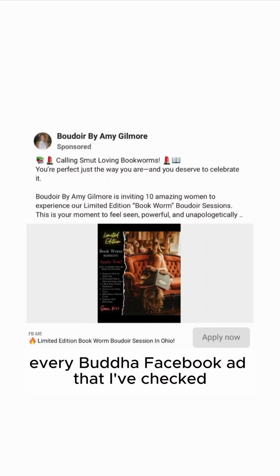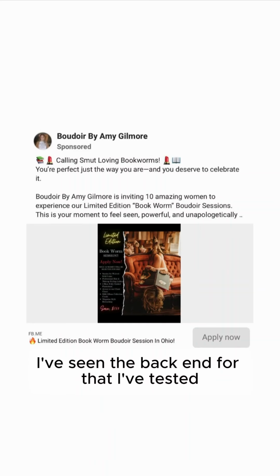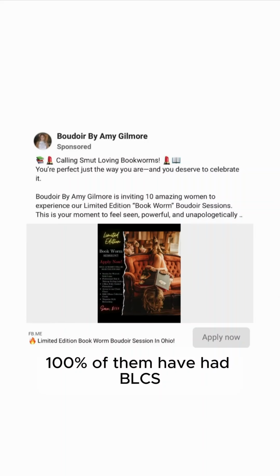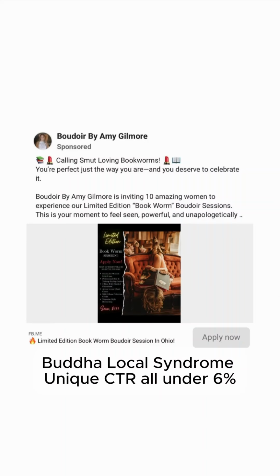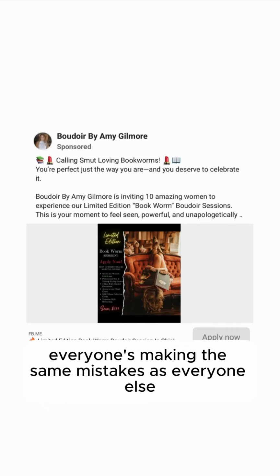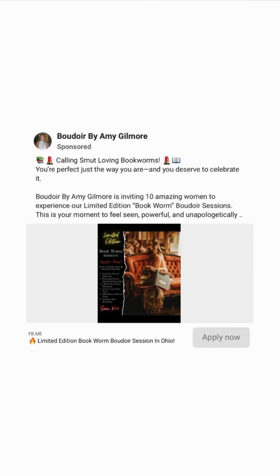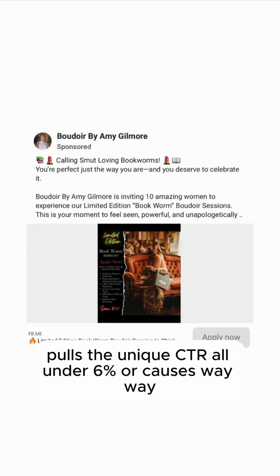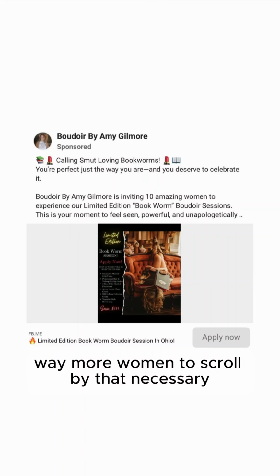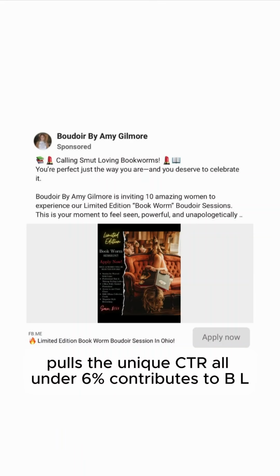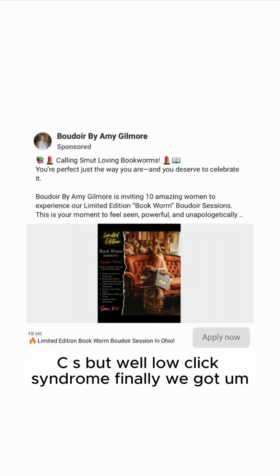Well, every boudoir Facebook ad that I've checked, that I've seen the back end for, that I've tested, 100% of them have had BLCS, boudoir low click syndrome, unique CTR under 6%, because everyone's making the same mistakes as everyone else. So this looks like an ad mistake, causes way more women to scroll by than necessary, pulls the unique CTR under 6%, contributes to BLCS, boudoir low click syndrome.